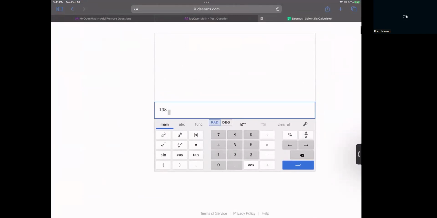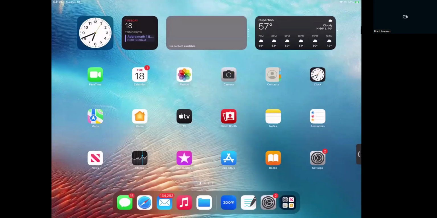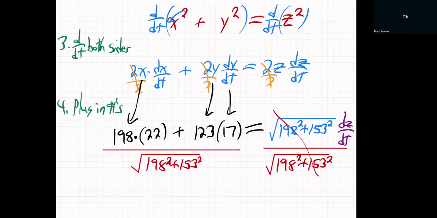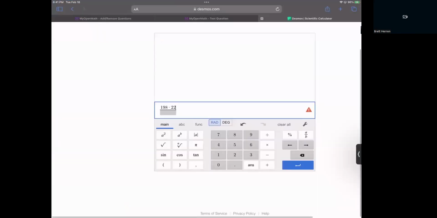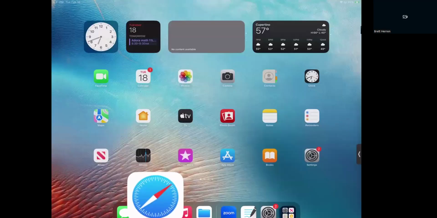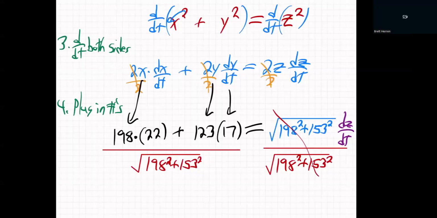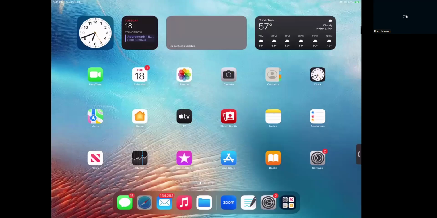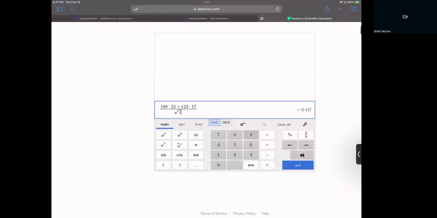No, let me clear that fraction. 198 times 22, plus 123 times 17, over the square root of 198 squared plus 153 squared. There we go. 25.7647.